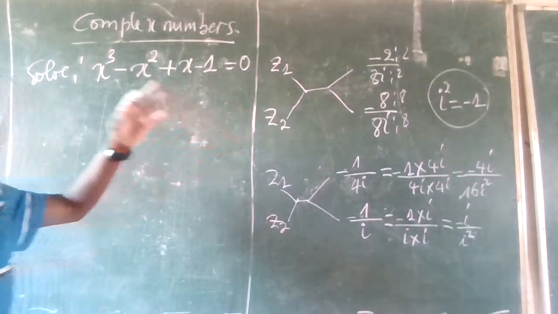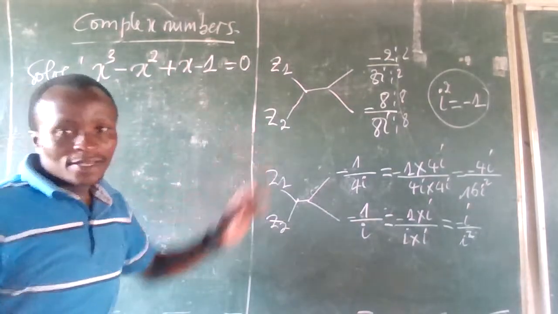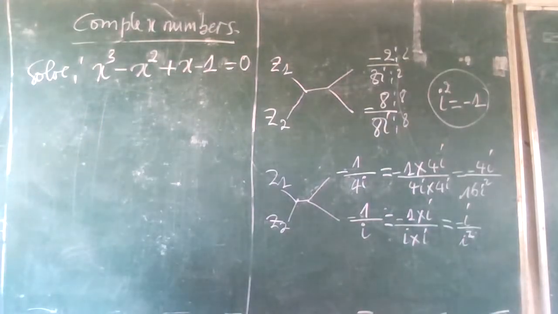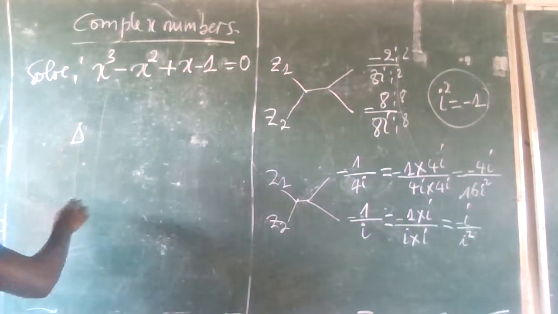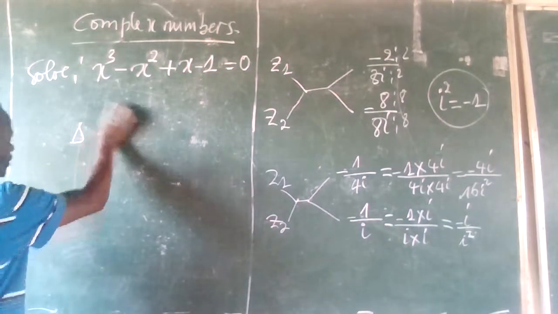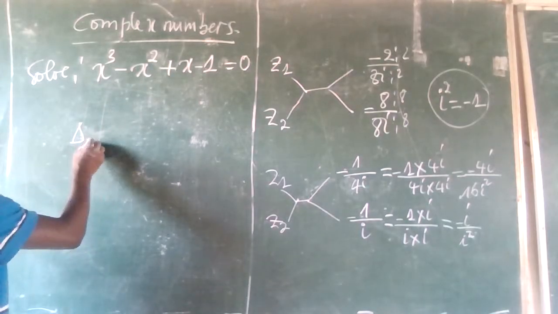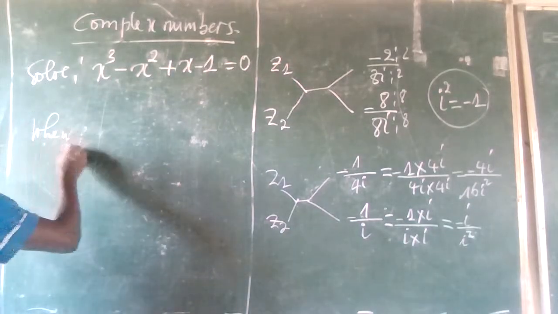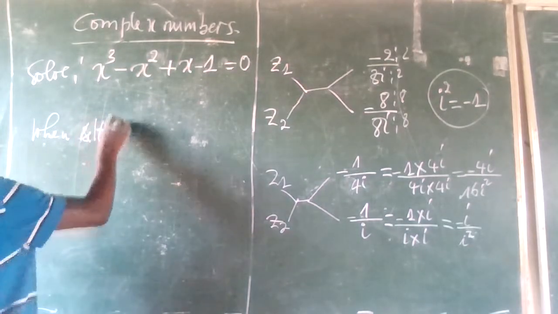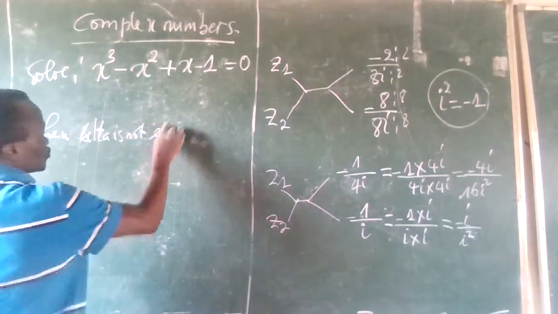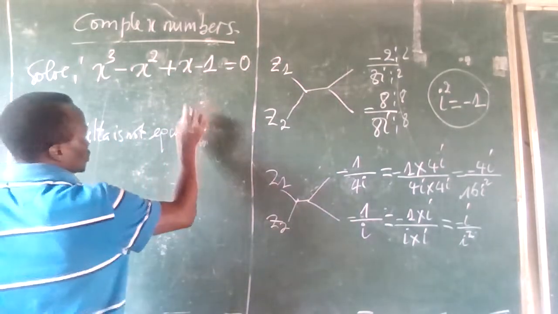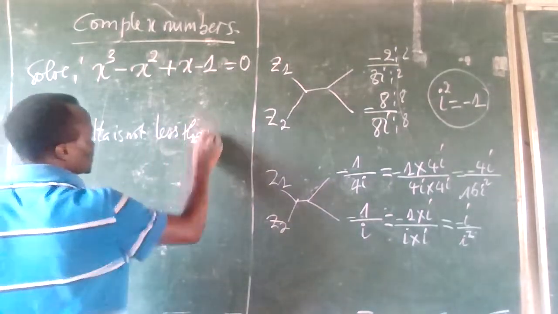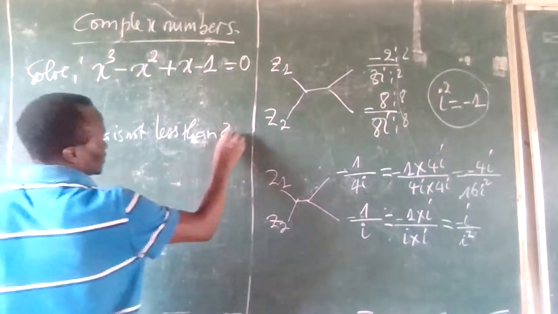It means when we are solving an equation in real numbers, it is when delta is not less than 0.